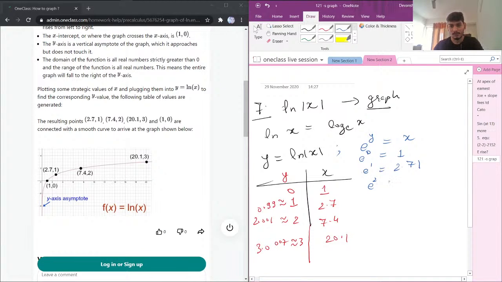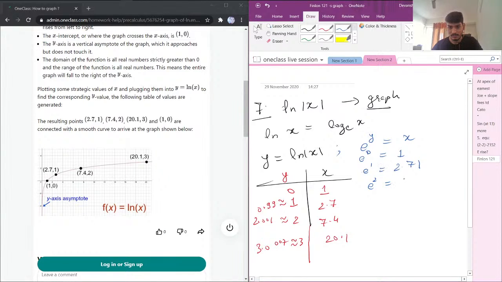For e power 2, what is e square? I will get 7.38.